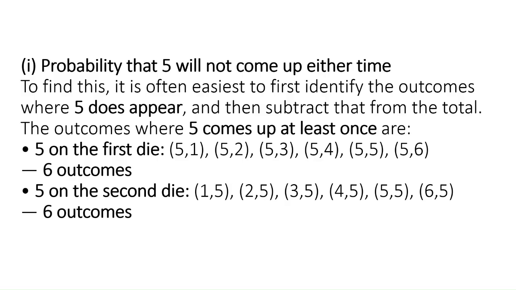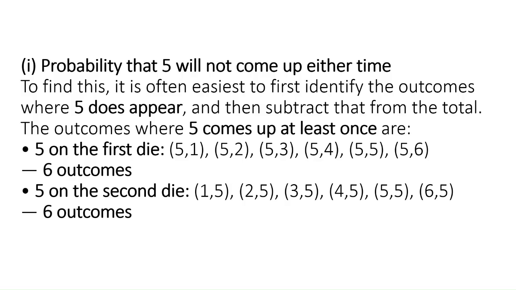To find this, it is often easiest to first identify the outcomes where 5 does appear. When we find those, we can exclude them from the total number of outcomes, so that we find the outcomes where 5 will not appear.